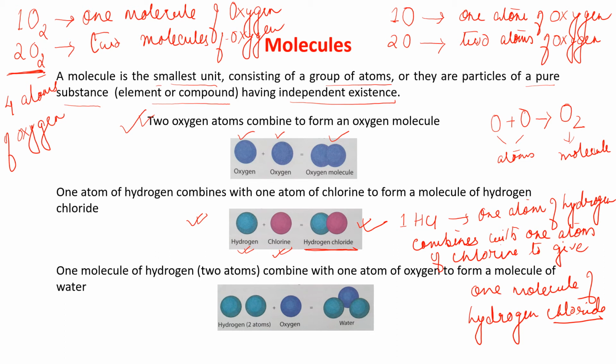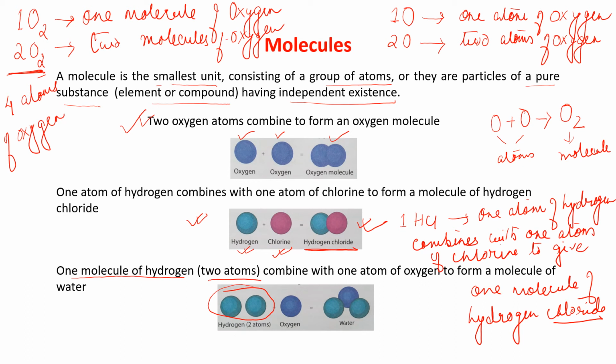Am I clear? Now see here, 1 molecule of hydrogen. Why am I calling it 1 molecule? Because 2 hydrogen atoms are there, and 2 hydrogen atoms give you 1 molecule. So you can say 1 molecule of hydrogen, or you can say 2 atoms of hydrogen.